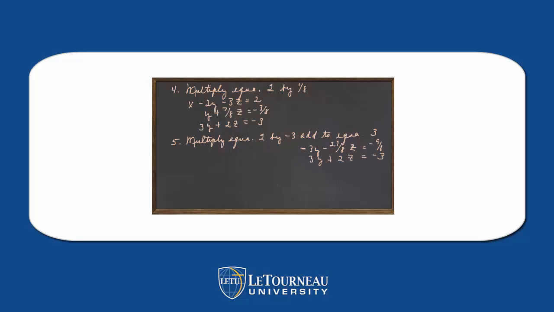So we get 3y plus 2z equals minus 3. We add them together very carefully. Minus 5/8 z equals minus 15/8. So we get x minus 2y minus 3z equals 2, y plus 7/8 z equals minus 3/8, minus 5/8 z equals minus 15/8. Now we want to take that third equation and get it to be 1z.